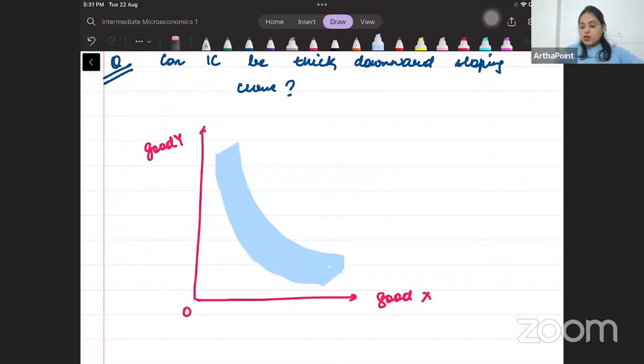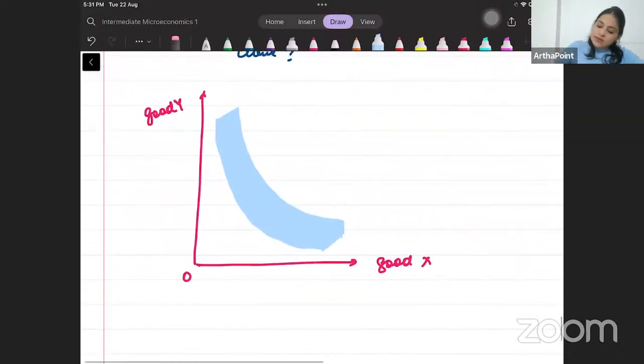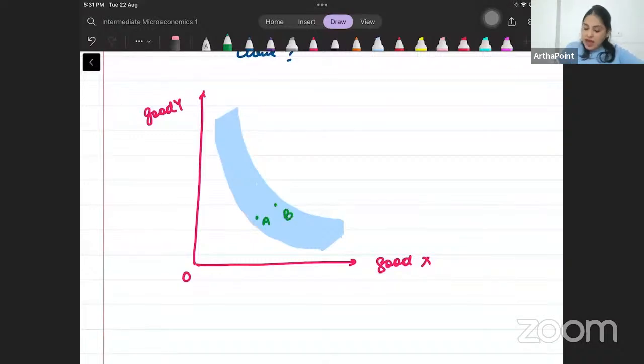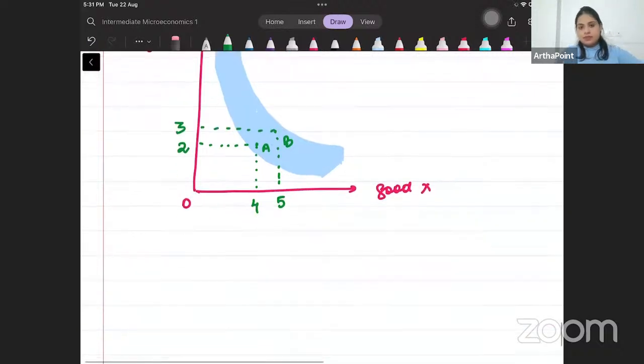This is what I am asking. Okay, beta. So try to understand this thing. Suppose I take 2 points on this IC. एक point ले लिया मैंने बेटा, point A, और एक point I have taken बेटा point B. A has 4 units of good X and say 2 units of good Y. B has 5 units of good X and let's say beta 3 units of good Y. Okay.